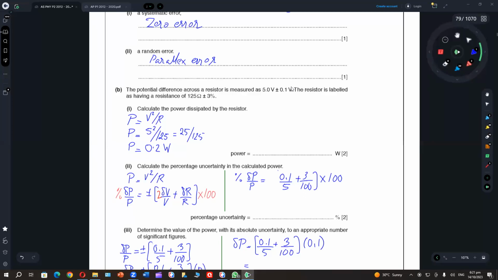Now look at this. So please repeat this calculation first.